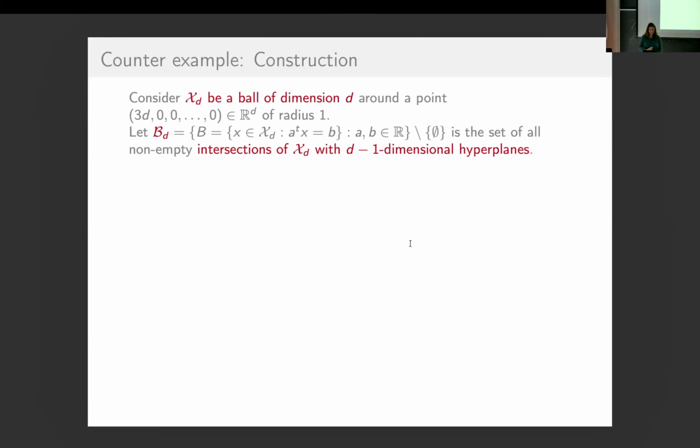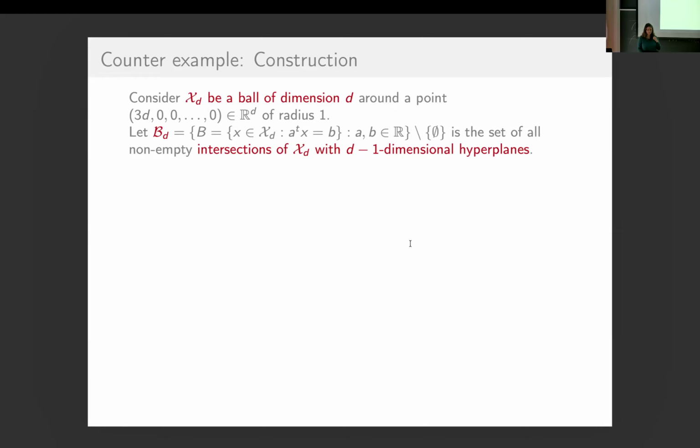So I will give the construction. For a number d, we consider the d-dimensional ball with radius 1 around a point.